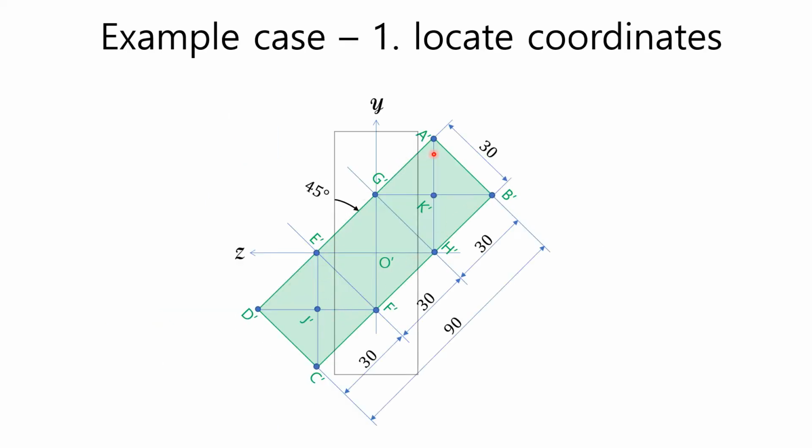The cross-section in this picture represents three squares with a side of 30 millimeters joined together in a row, and is inclined at 45 degrees clockwise from the vertical axis. I will show you various types of calculation on the second and product moment of area and the principal axis with this example.